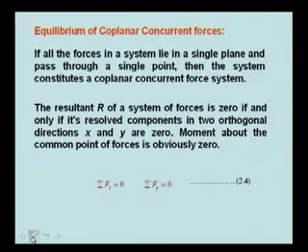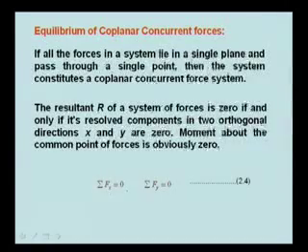The moment about the common point of forces is obviously 0 because the forces are passing through the point. So, if you take the moment about the point O, then it will be 0.